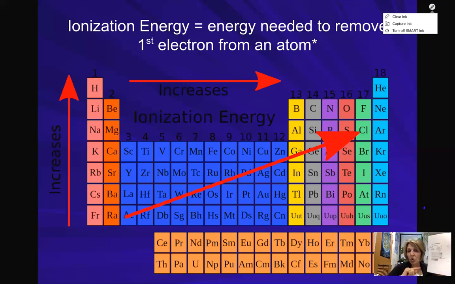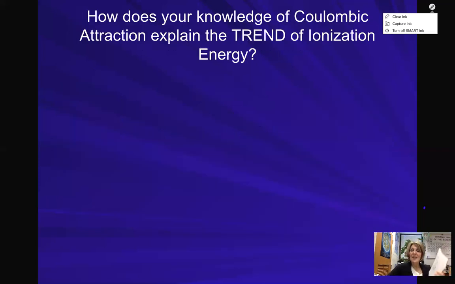So at this point, you should have drawn those on your table, and take just a minute to summarize why the trend is increasing as you're going to the right and increasing as you're going up a column. All right. And if you're confused, you might want to pause and replay that part of the video.